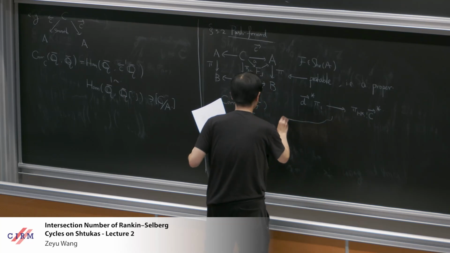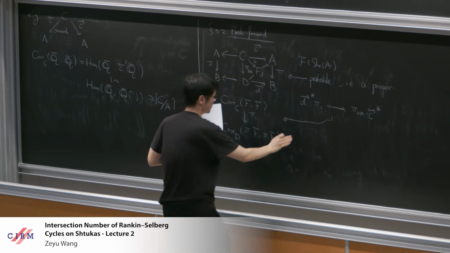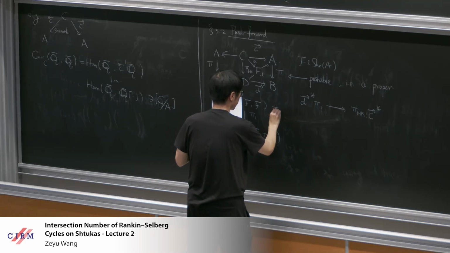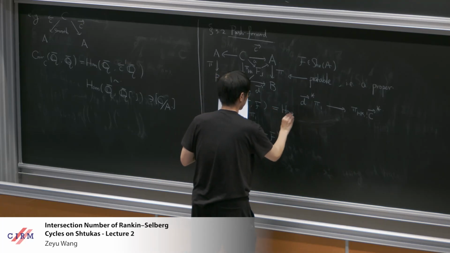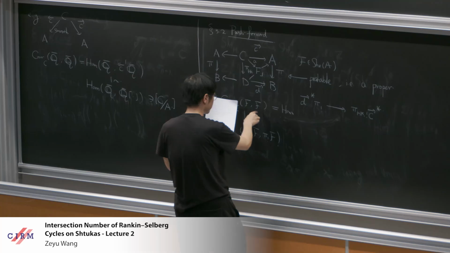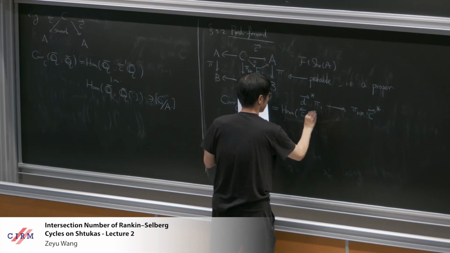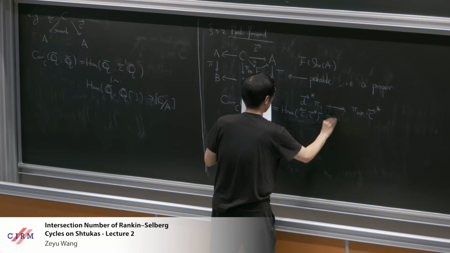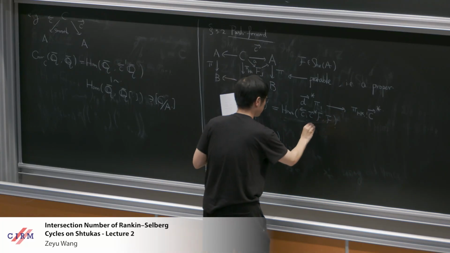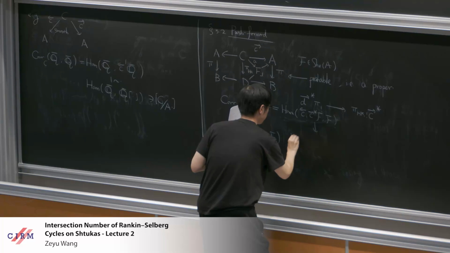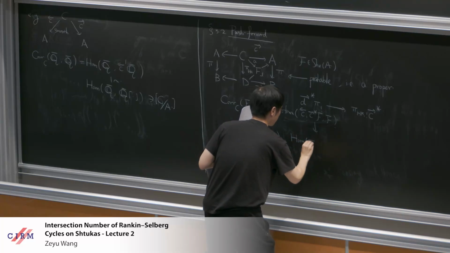And from this, you can construct such a map. Let me say a few words about how you construct it. It's Hom from C left shriek upper star F to F, and you first apply pi lower shriek to both sides.